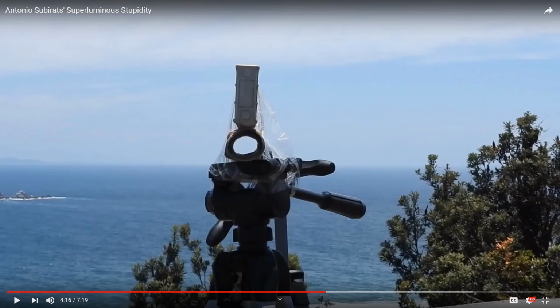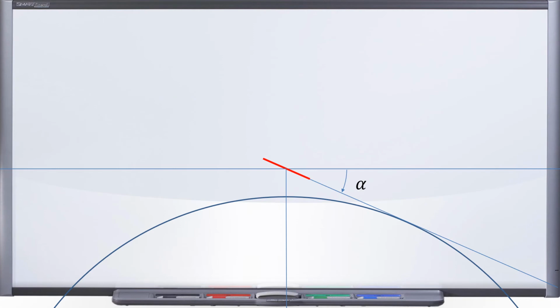But wait, we forgot something. We forgot that if you were looking down to the horizon, and that's 0.3 degrees, then the opposite side, looking up, you're looking up by 0.3 degrees above the horizontal, and the horizon is actually down below the horizontal.